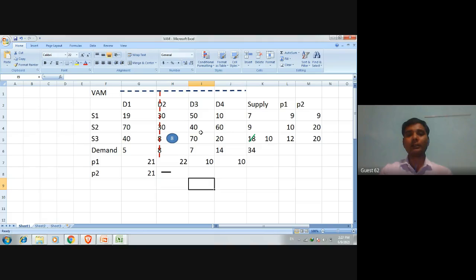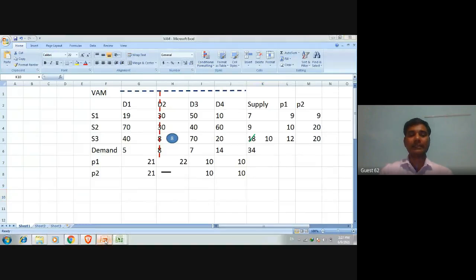What are the two least costs? That is 50 and 40. So 50 minus 40, how much will it become? 10. Similarly, in the column D4, 20 minus 10, these are the two least costs, so 10 will be the penalty.